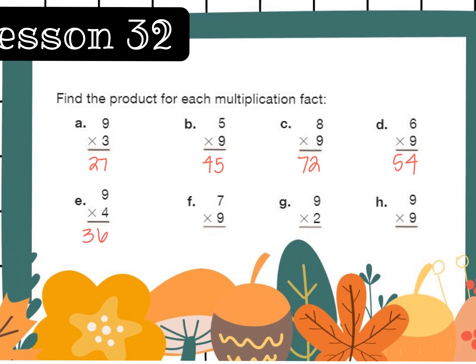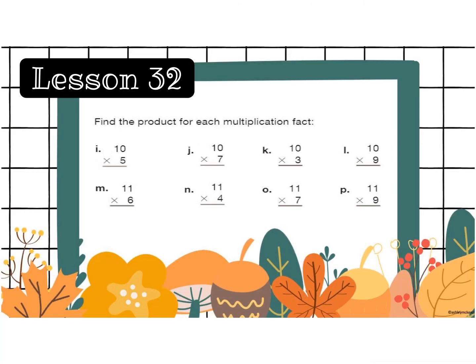Kaylee, what's F? Lila, what's G? And Will, what's H? 81. Okay, now we're going to find the product for each of these multiplication facts.